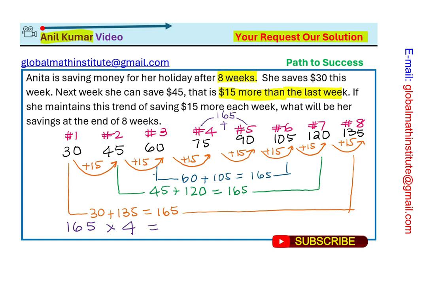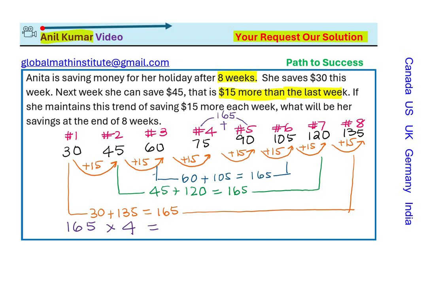Multiplication by 4 is also simple; we can double and then double, or just multiply by 4. 4 times 5 is 20, so carry forward is 2. 4 times 6 is 24, and 2 is 26. 2 carry forward. 4 times 1 is 4, and 2 is 6. So we get 660 in this particular case.